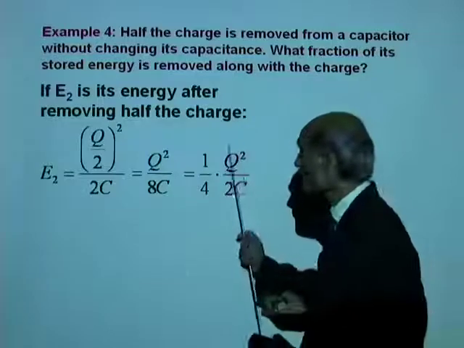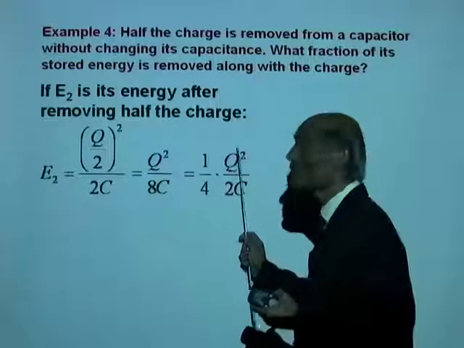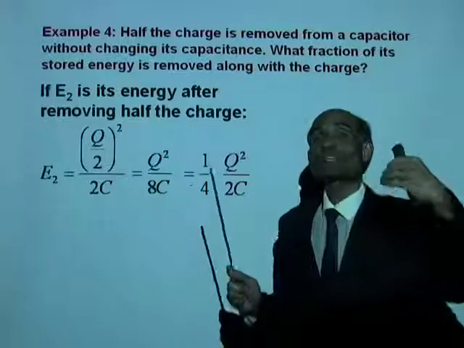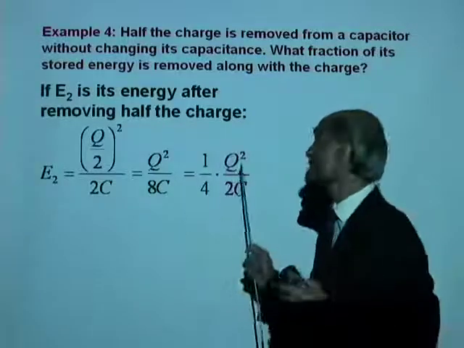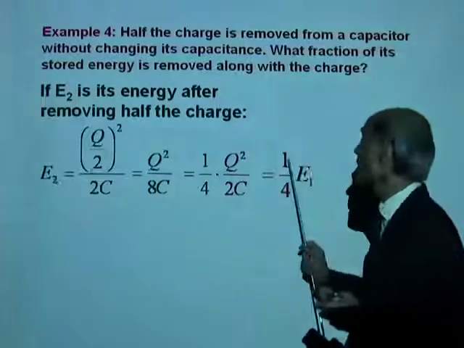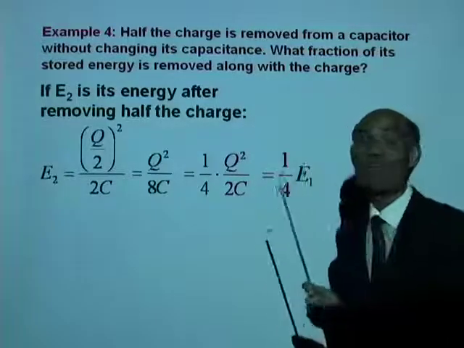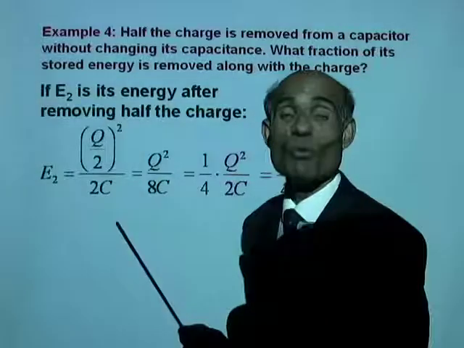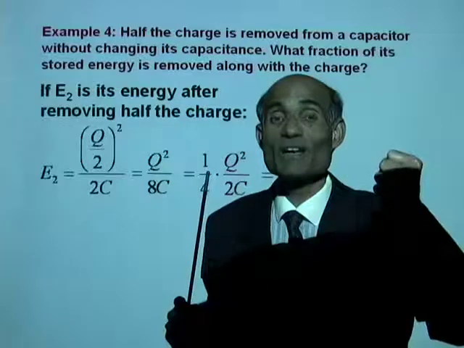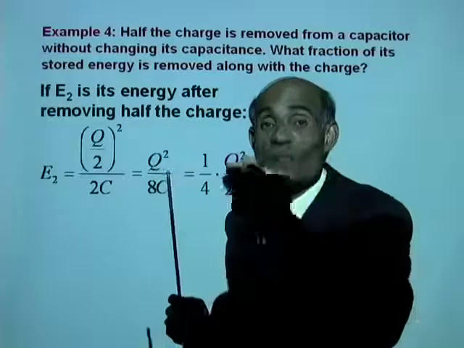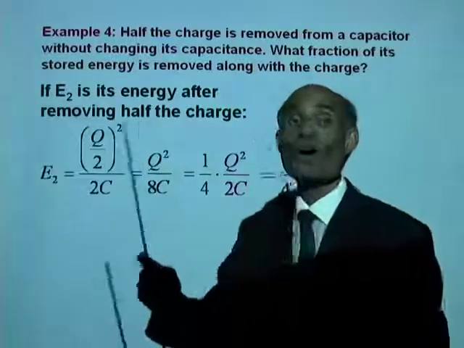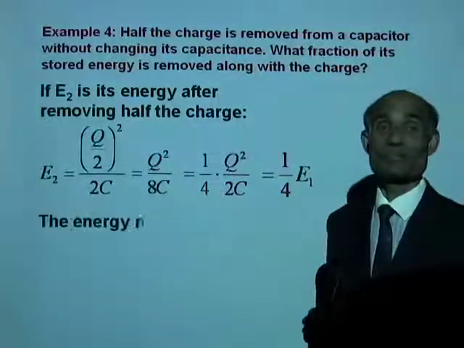Why did I write it like that? Because Q squared over 2C is the original energy before the charge is removed, which is E1. And so, E2 equals 1/4 of E1. That means when half the amount of charge is removed from the capacitor, the energy of the capacitor now is only 1/4 of the original energy.